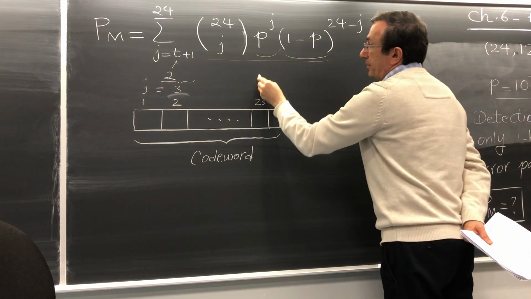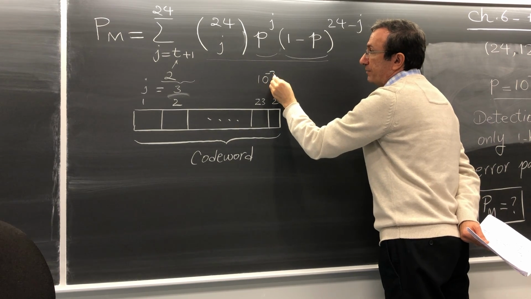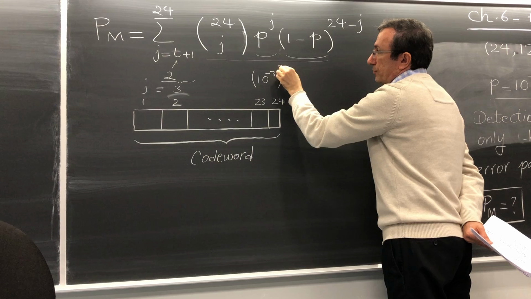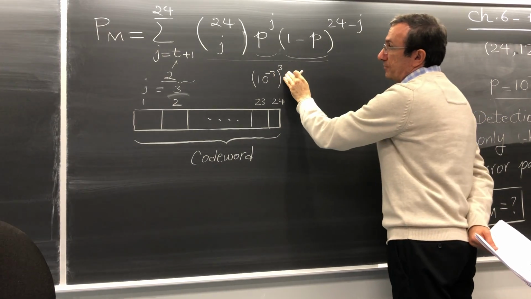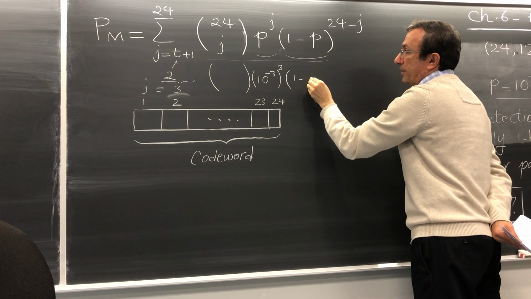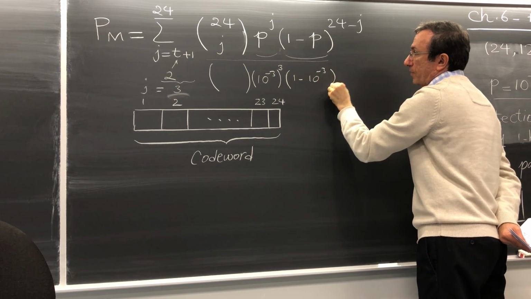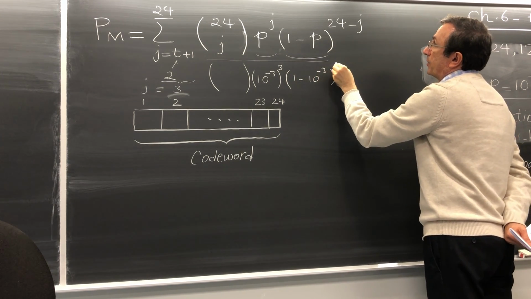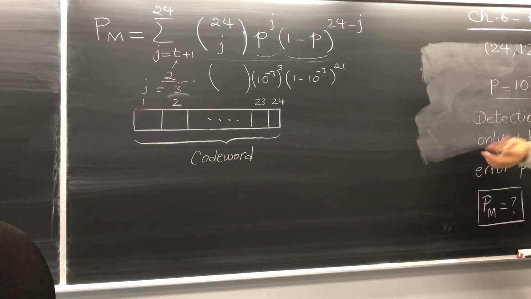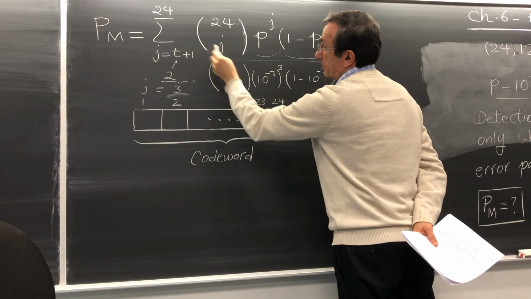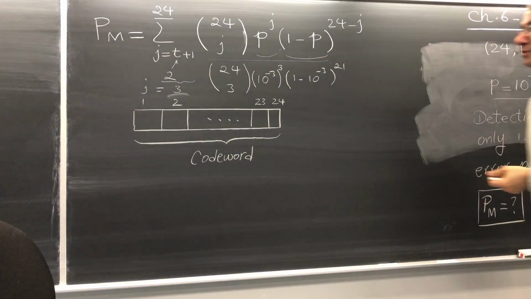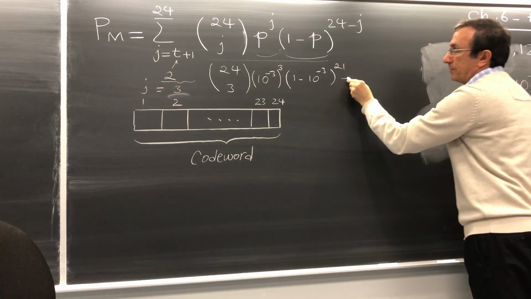So what we have here is 10 to the negative 3, a very, very small number, to the power of 3, for instance. Then 1 minus the same value to the power of 21. This is just the very first term for the summation. 24 choose 3.